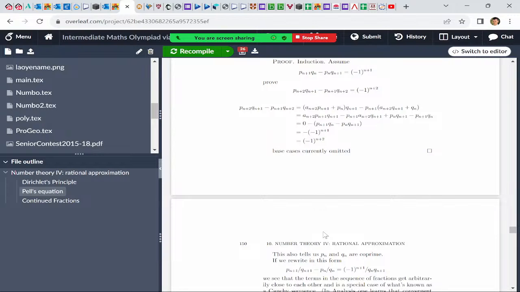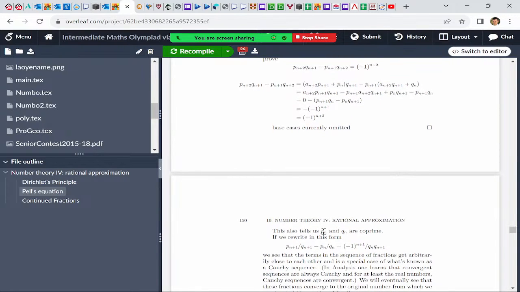But we haven't proved that the other ones don't give you plus or minus 1. We don't know if the other ones are solutions or not either, and so we don't actually know that those ones are all of the solutions. It turns out they're all of the solutions as well.